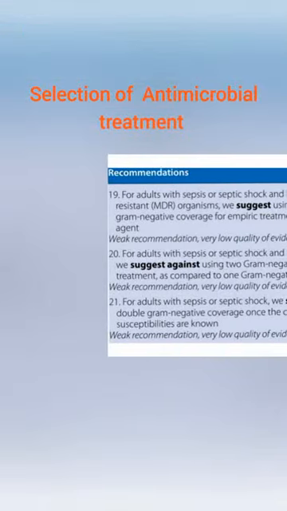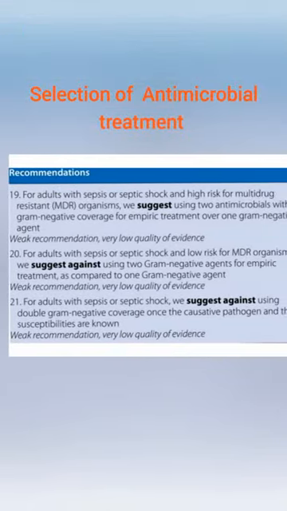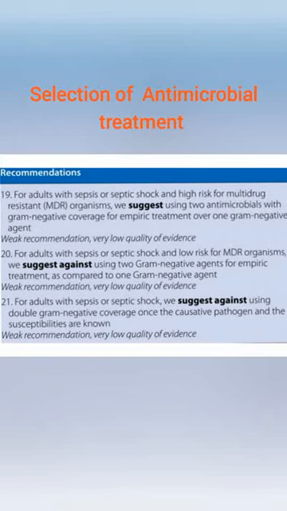Also, Surviving Sepsis Campaign declares that for adult patients with sepsis and septic shock at high risk of multi-drug resistant organism, it suggests using 2 antimicrobials with gram-negative coverage for empirical treatment over 1 gram-negative agent.